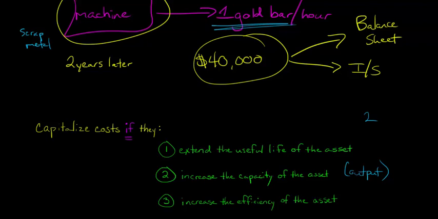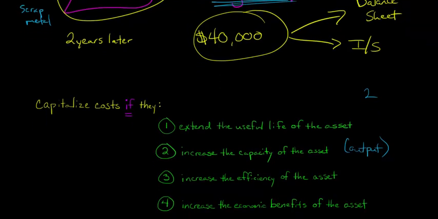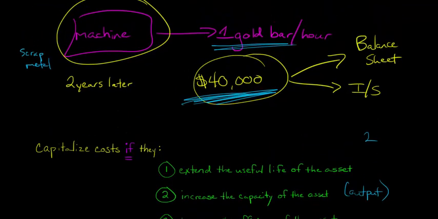And if, just in general, this $40,000 somehow increased the economic benefit of the asset, let's say you use the $40,000 to spray paint the face of the CEO on this machine, and people just think your CEO is wonderful and a great person, and so when they see his or her face on that machine, it really adds brand value to it or something like that.